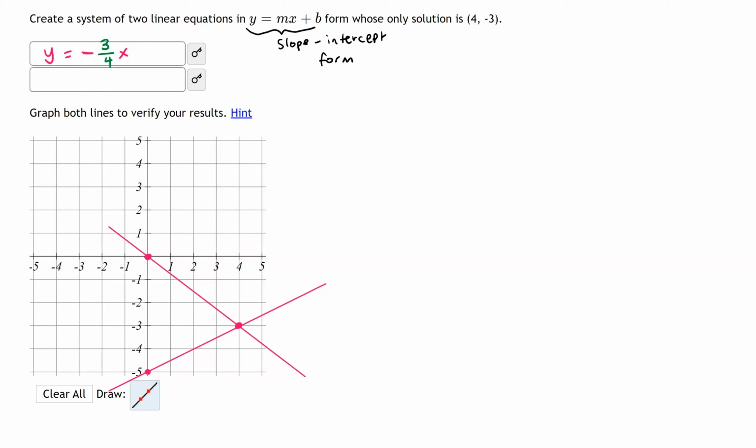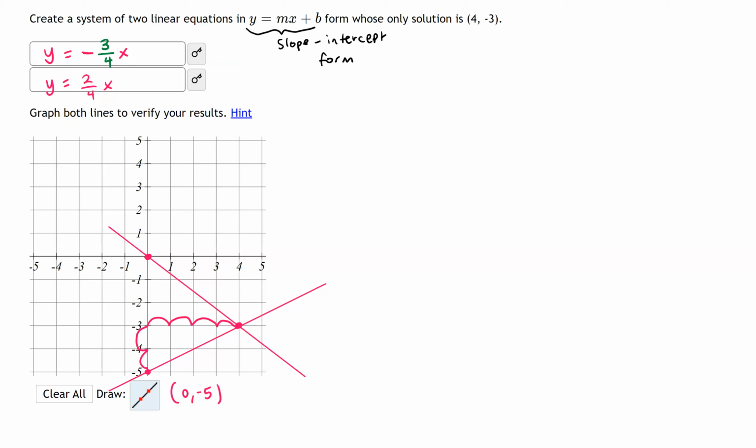And for my second line, I want to observe the slope. So I'm starting here, and I'm going up 1, 2. And I'm going right 1, 2, 3, 4. So I'm going to have y equals 2 over 4x plus, or in this case minus, since our y-intercept is 0, negative 5.